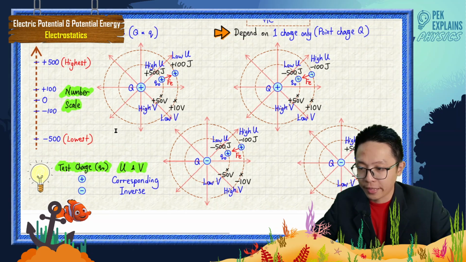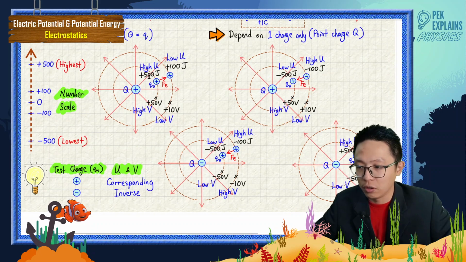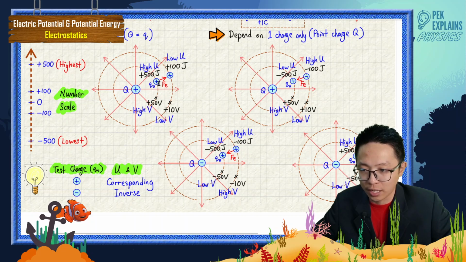Okay, enough of that. Now, first of all, I want you to look at the point charge and test charge. We have four situations. The first situation is a positive point charge and a positive test charge. The second situation is a positive point charge with a negative test charge.